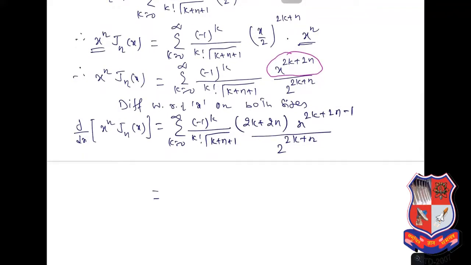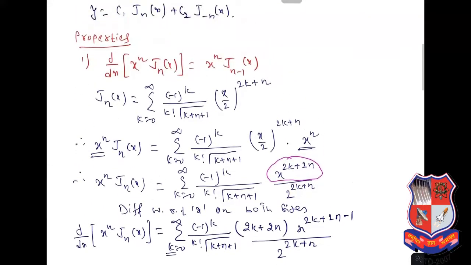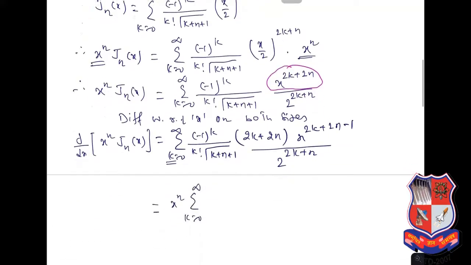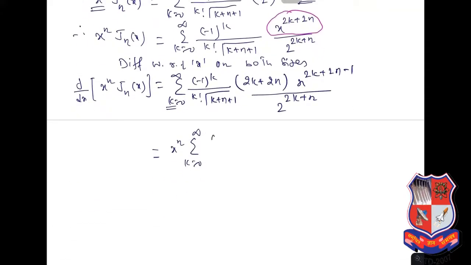Now this series is for k, so we can take x power n outside, because you can see that the answer has the form x power n into J n minus 1, minus 1 power k.